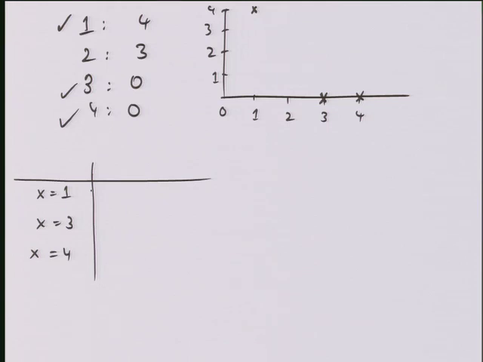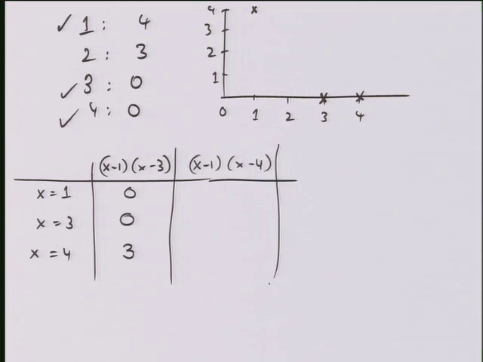So let's try the polynomial x minus 1 times x minus 3. What are its values at x equal to 1? 0. What about x equal to 3? x equal to 4? 3. Right?